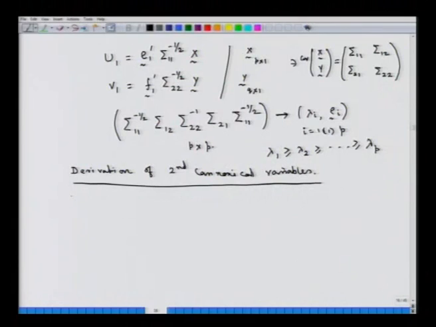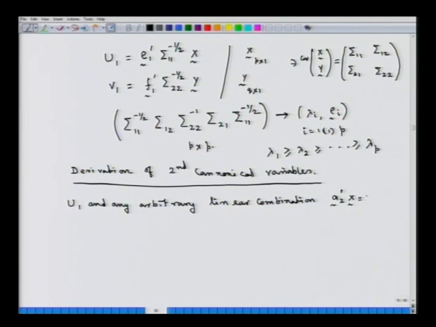So, we will require that, and we will thus see that u1 and any arbitrary linear combination of x's, say given by a2 prime x. Now, we may recall that while deriving the first pair of canonical variables, what we had done was to replace this a2 vector by a c vector.